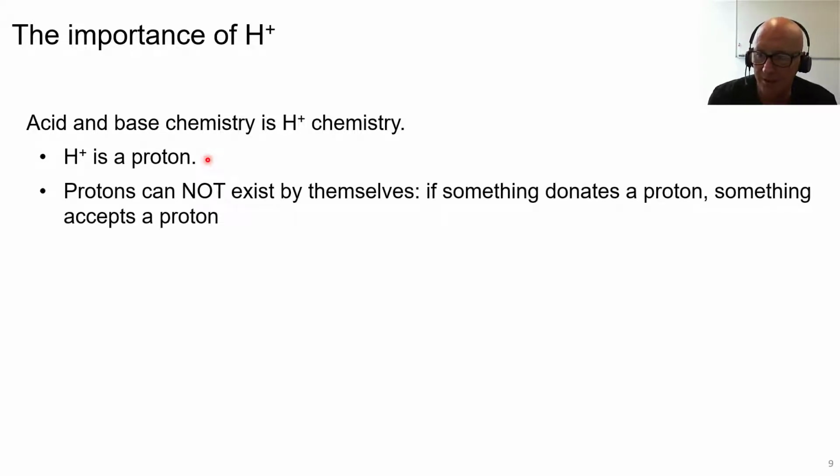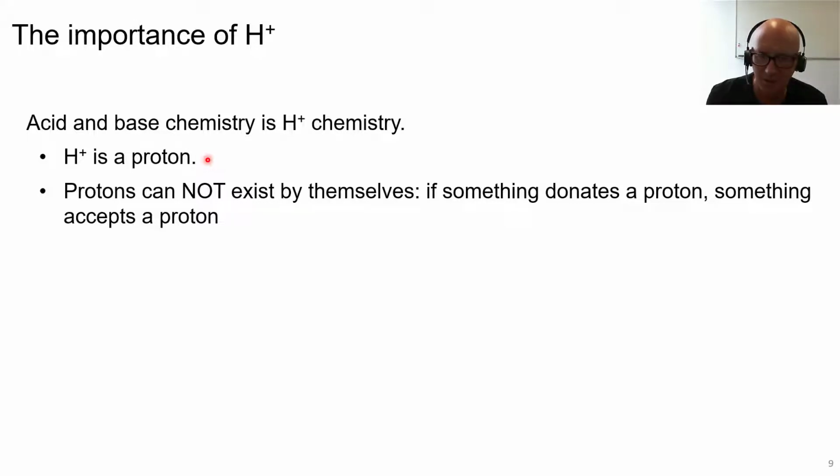Okay, now the next important point about acid and base chemistry is to keep in mind that protons can't exist solely by themselves. They're not just sitting out there somewhere. They've actually got to be on something. This is a really important idea, because what this means is we conceptualize a proton, that is an H plus, but in reality, it's always on something.